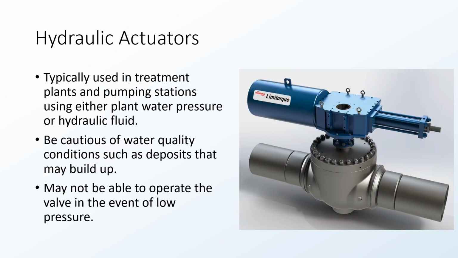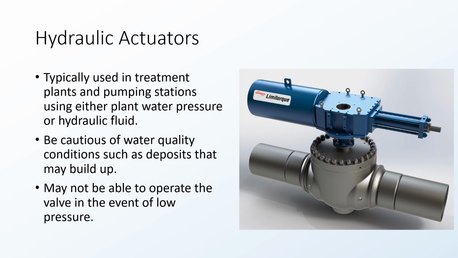Next, you have hydraulic actuators. Like it says, it's hydraulic, so it's using some sort of fluid, typically water, to operate the valve, and you would have a pressure differential across it. So that's how it's moving that hydraulic fluid. You'll find these in treatment plants or pump stations, and you've got to be cautious of the water quality condition.